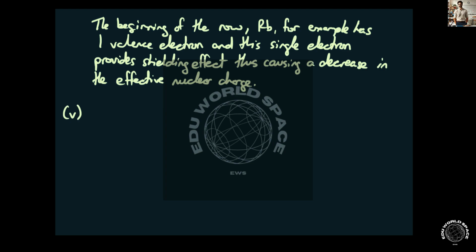And our last statement, statement 5. The change in effective nuclear charge going down a column is generally less than that of going across.